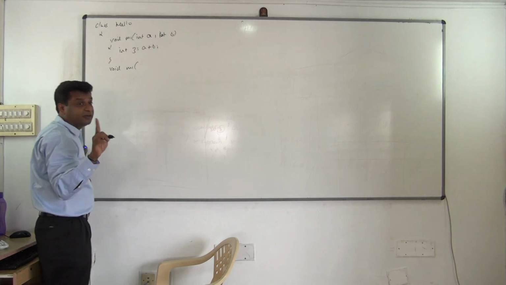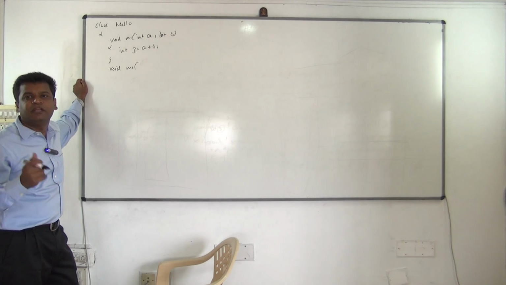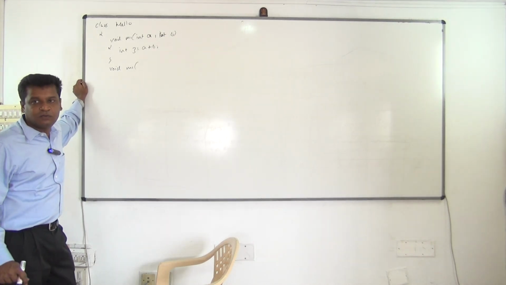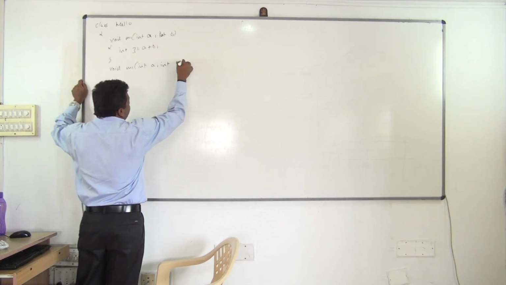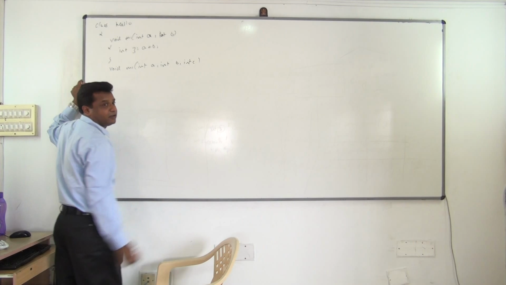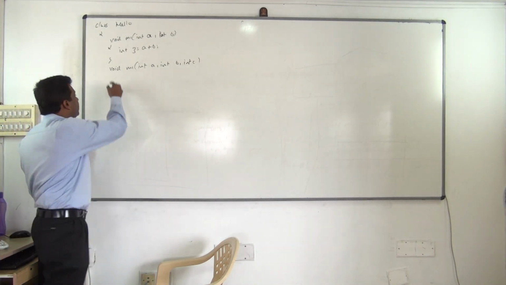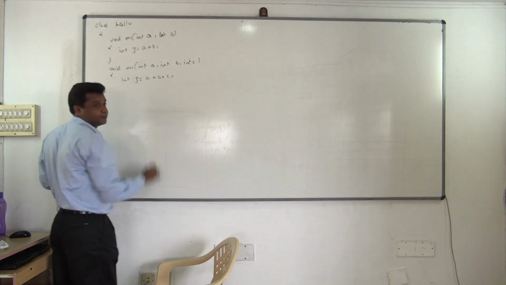Obviously, I'll not go for a different method name, because for adding 2 numbers you give one name, for 3 numbers another name, for 4 it becomes very complicated. So I'll go with the same name, void m1, but change the parameters. Now you'll be remembering only one name, and you send the arguments. So here, int z is equal to a plus b plus c.